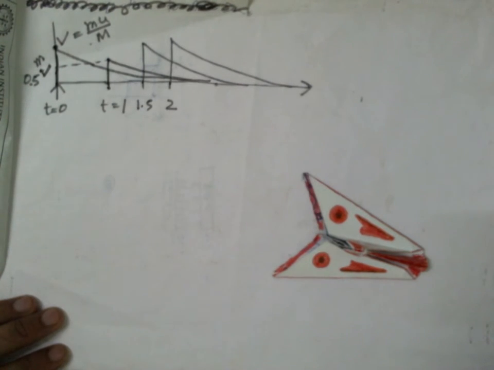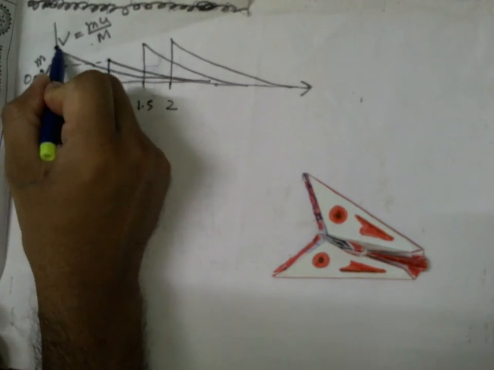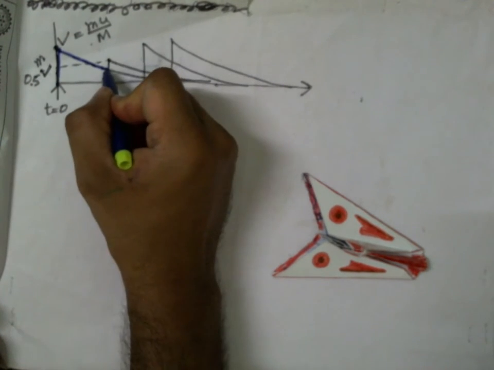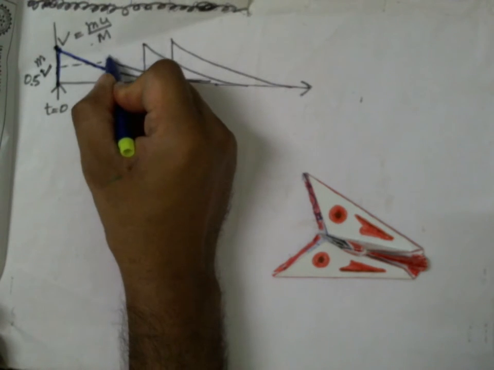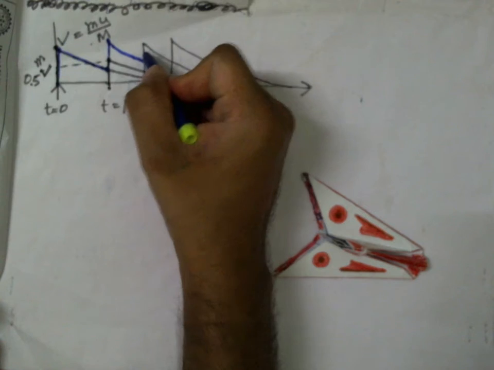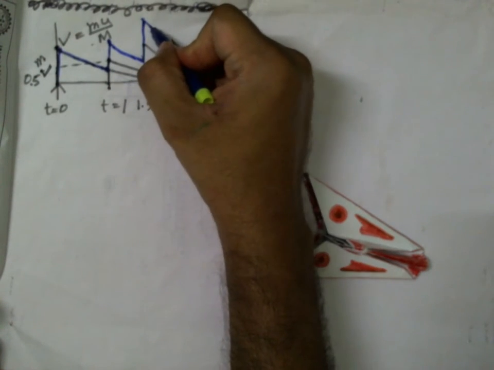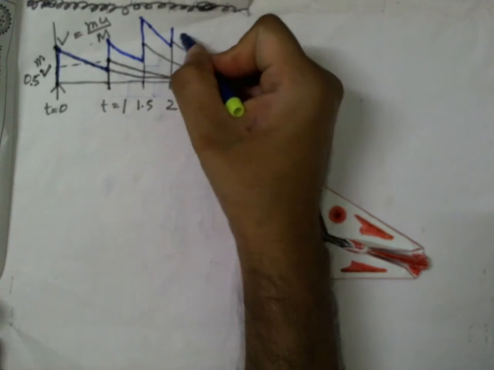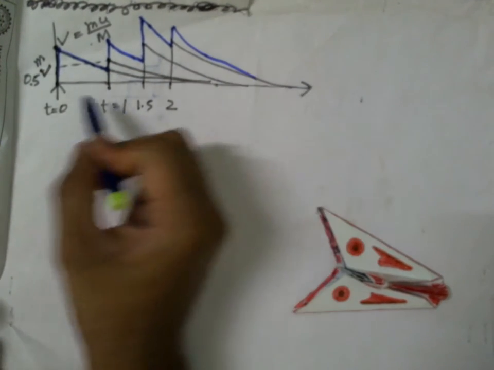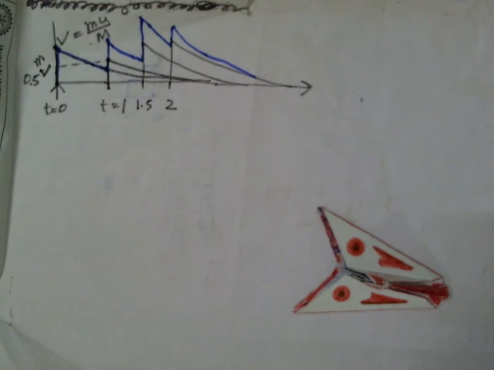So the summation then looks like from here it goes up, then here, then again it goes up further and then goes down. Here I have to sum up all three values going up to this point, then it goes down. Here again goes up and goes down. So this is the sum of all these individual impulse responses.